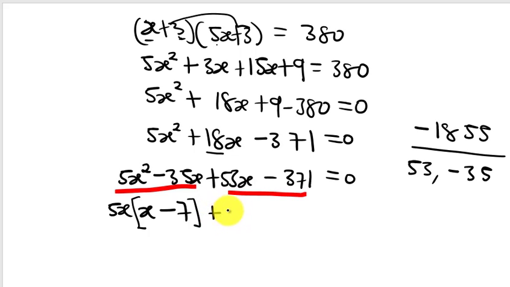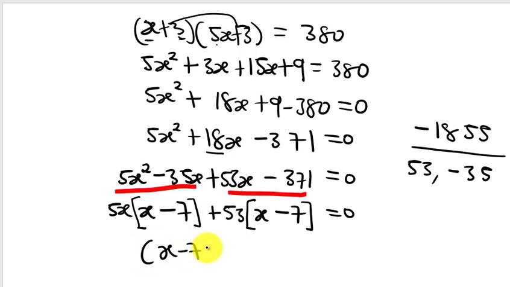So I'm going to have my plus 53, I open the bracket, I'm going to be left with x minus 7, and this is equal to 0. So in this case, I'm having x minus 7, then 5x plus 53, and that is equal to 0.